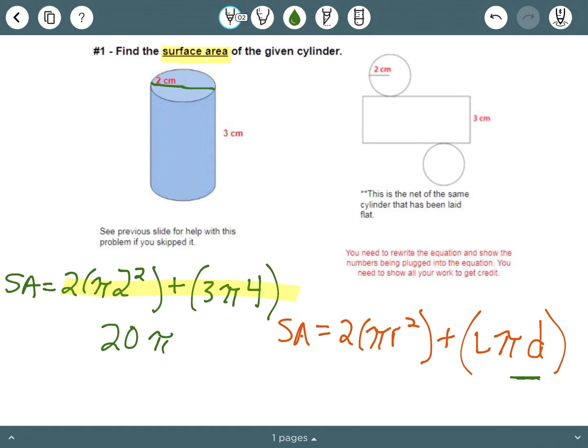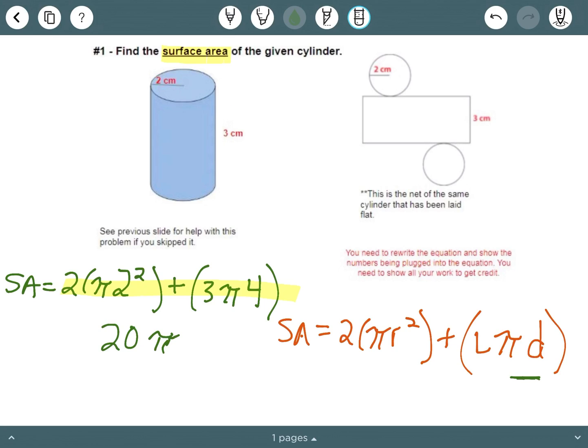So this is our answer in terms of pi, but I want you to think about this. Let's imagine that somebody has a cylinder-shaped package, maybe for a birthday gift, in a cylinder box. And somebody else is asking, how much wrapping paper do I need to cover this cylinder box?